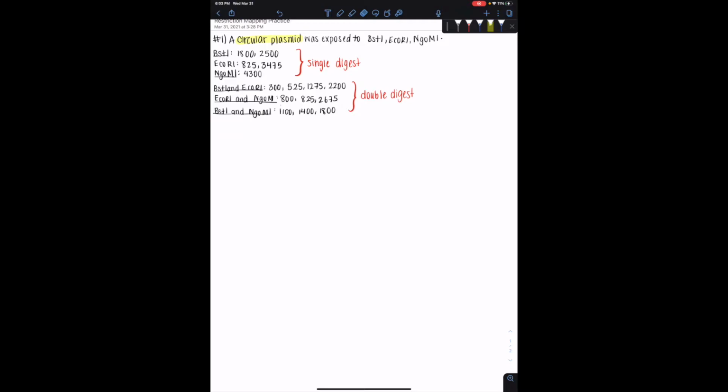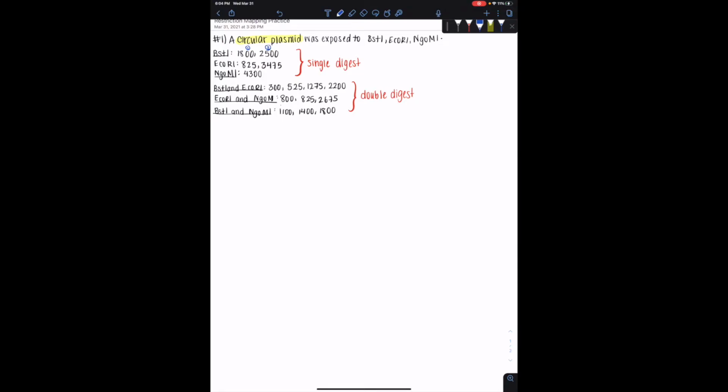First we want to look at how many cuts each enzyme makes. We know that BstI has two numbers, so that means it makes two cuts, because in a circular plasmid, if there are two numbers, that means two cuts. If it's a linear piece of DNA, two numbers would mean one cut, because there's one extra fragment.